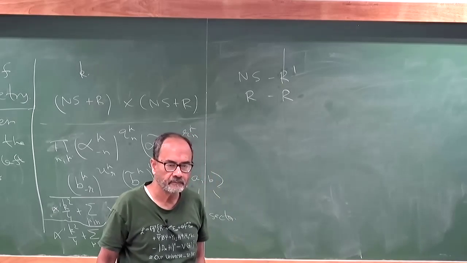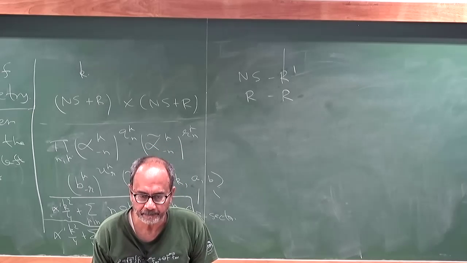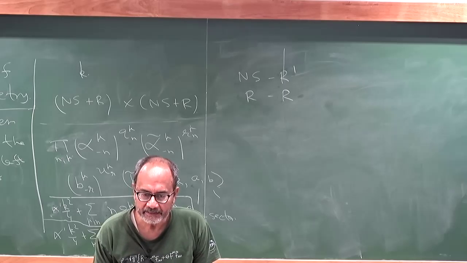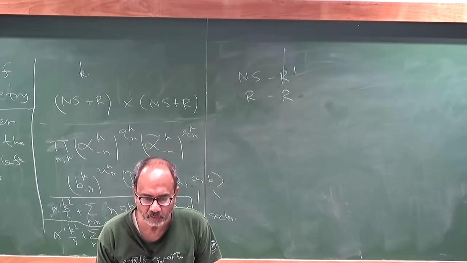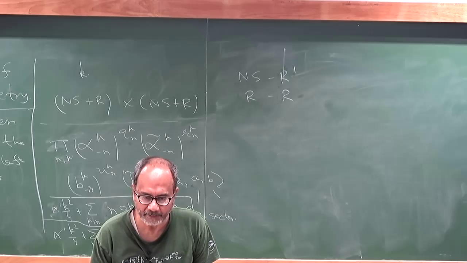This statement holds after you impose all the conditions. Because all the conditions can be imposed independently on the left and right, this statement is true for a given k squared, after you impose all the conditions.